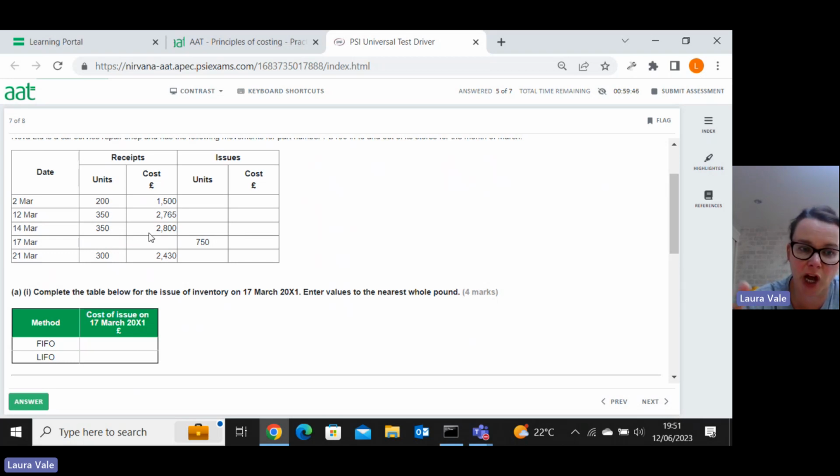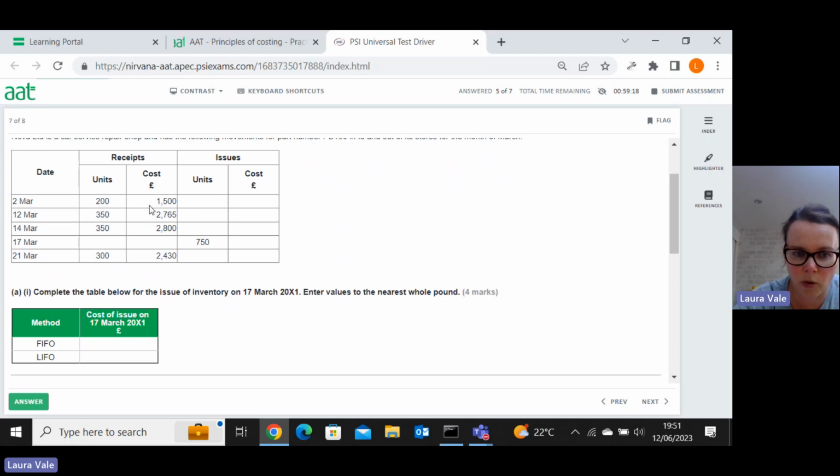Remember, per unit, so I divide by the units. So it's 2,800 divide by 350, which is £8 per unit. And I said that to get to this 750, I need 150 of these. So I'm going to do my 8 multiplied by 150, which is a cost of £1,200.